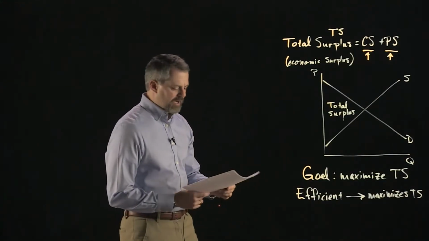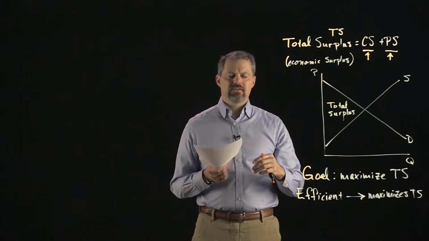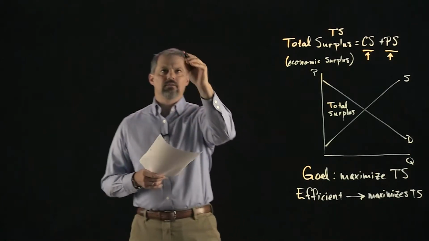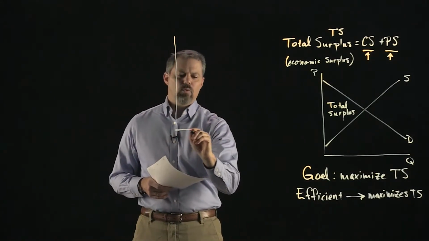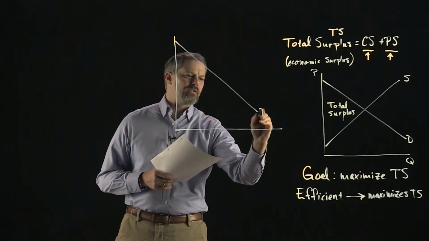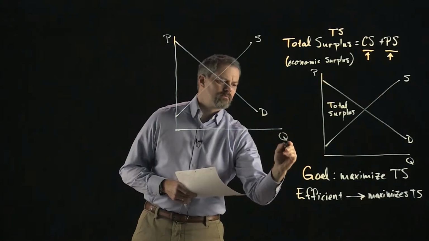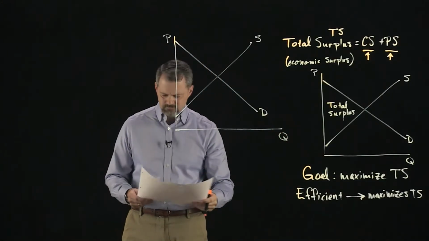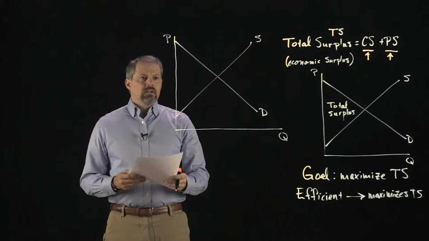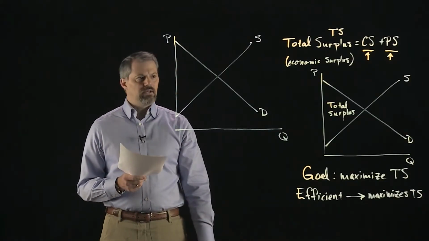Now, let's think about the market equilibrium. Let's think about how a market works and where everybody is in a market. If we put up here our demand curve and our supply curve, let's think about who's buying and who's selling.